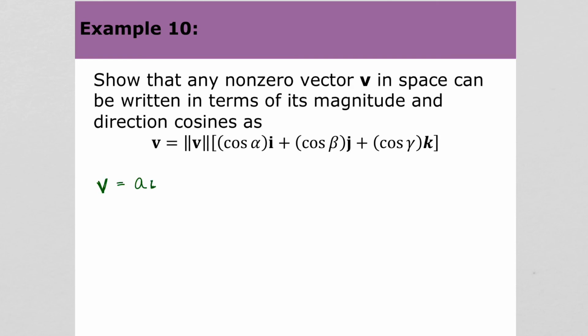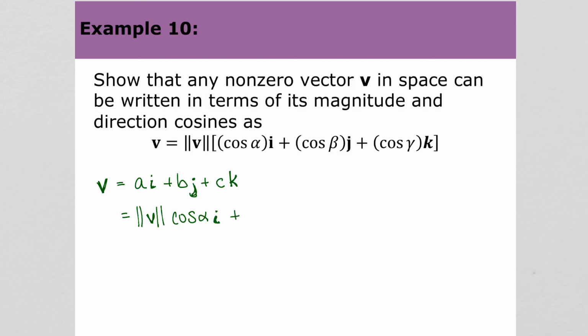We know V would be AI plus BJ plus CK. And we know that A is the magnitude of V times the cosine of alpha.